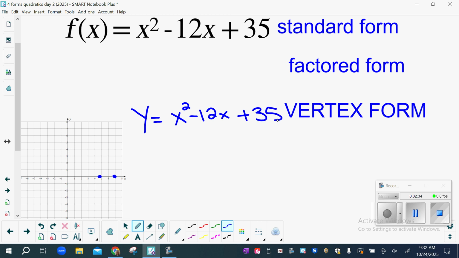This is literally what we did yesterday. If you're noticing, I'm teaching nothing new. I'm just putting it all together. Our first step, got to make a hole for our little box. So can you please move the 35 to the other spot? Y minus 35 equals x squared minus 12x plus our little completing the square box.